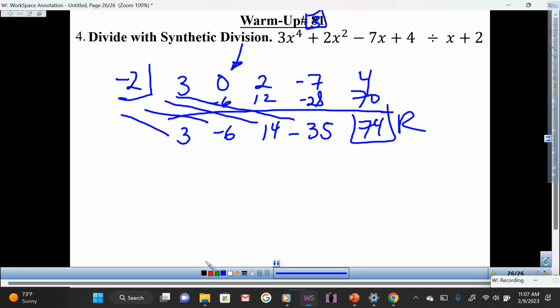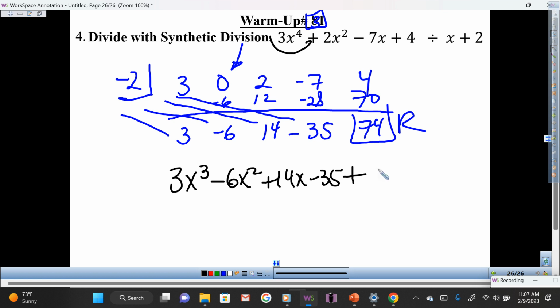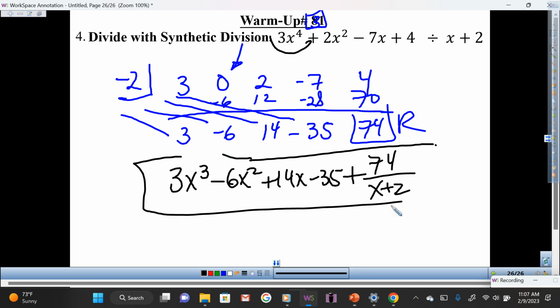So, if we start off with a 3x to the 4th, what do we have here now? Pass them one, Diego. 1. Let's go. That is correct.